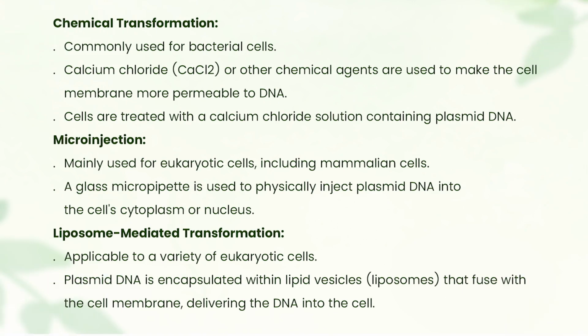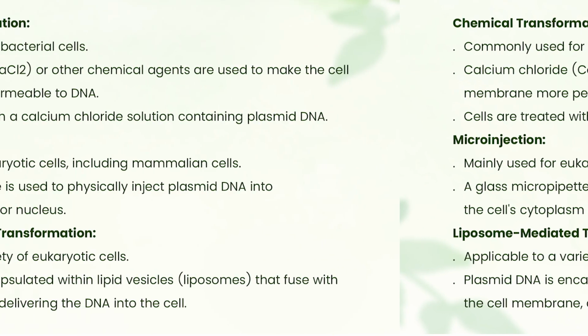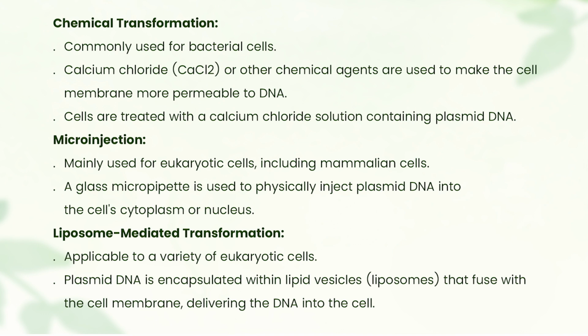In chemical transformation, this is commonly used for bacterial cells. Calcium chloride or other chemical agents are used to make the cell membrane more permeable to DNA. Cells are treated with a calcium chloride solution containing plasmid DNA. Next is microinjection, mainly used for eukaryotic cells including mammalian cells.